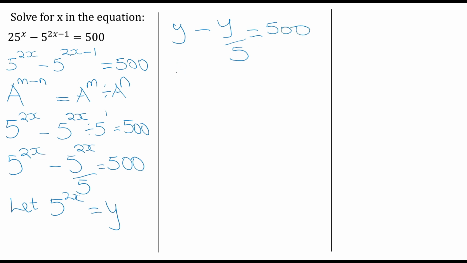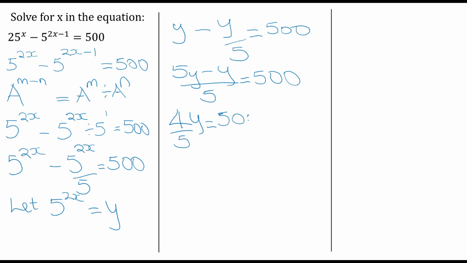Multiply by 5, you get 5y minus y over 5 is equal to 500. So 4y over 5 is equal to 500.